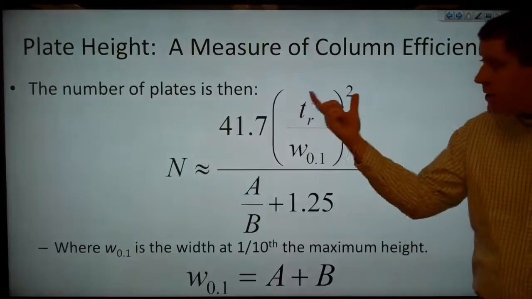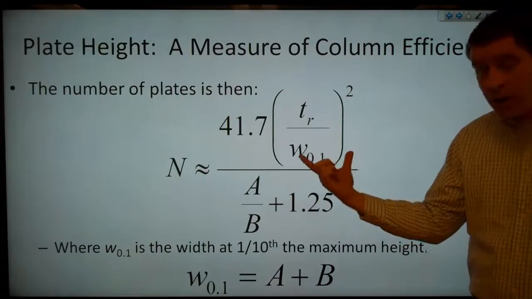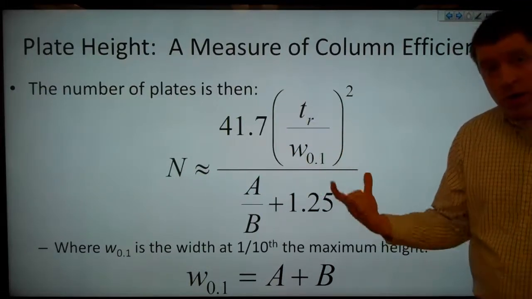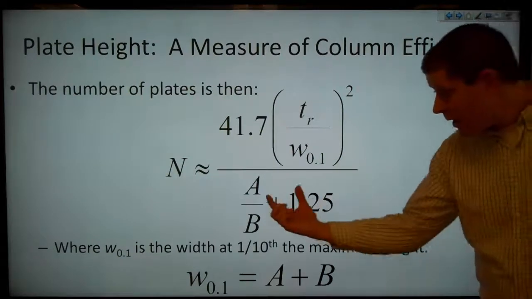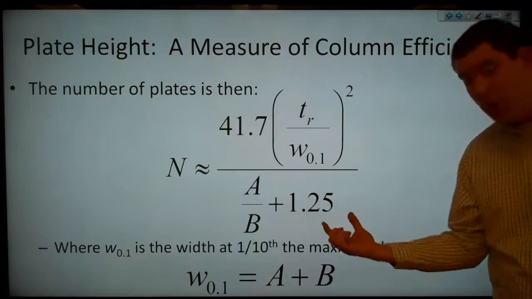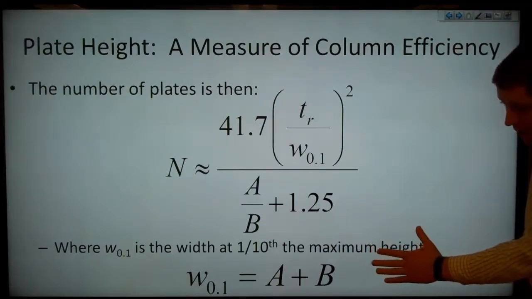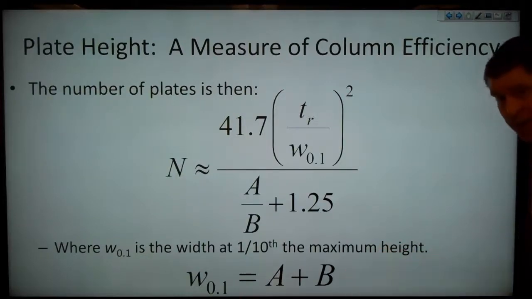Then the number of plates is approximately equal to 41.7 times the square of the quantity t_R over W_0.1, the width at that tenth of the way up the peak, divided by A over B plus 1.25, where W_0.1 is again the width at 1/10 of the maximum height, so W_0.1 is equal to A plus B.